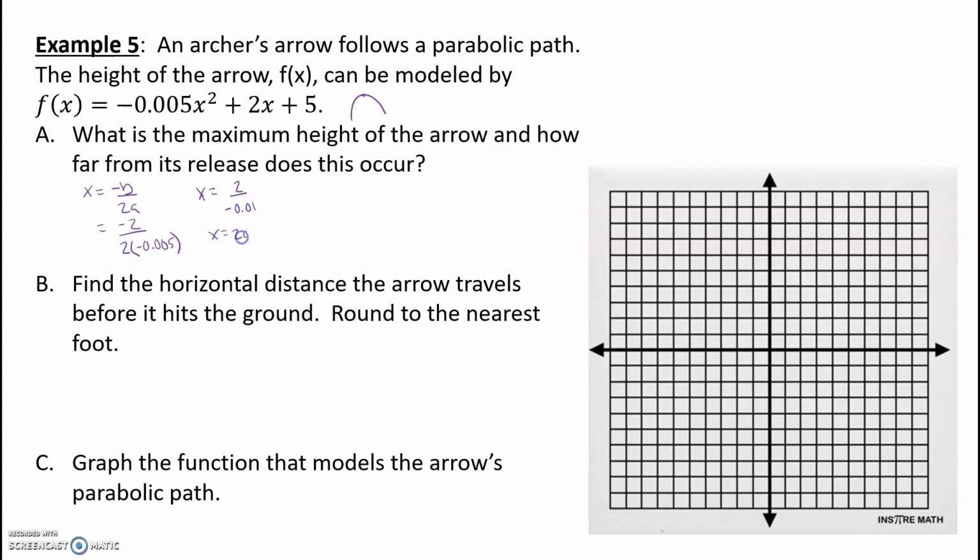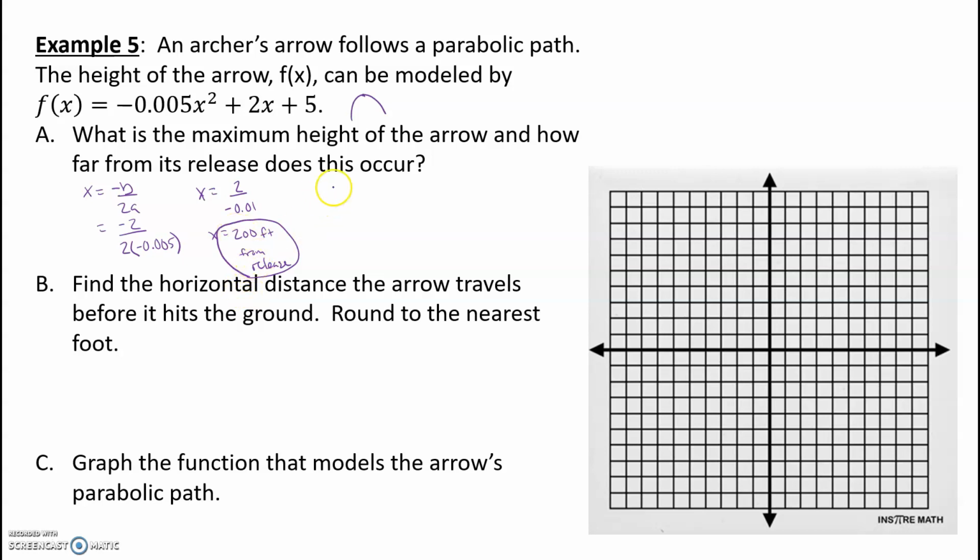X equals 200. So how far? 200 feet from release is where my arrow will be at its maximum height.